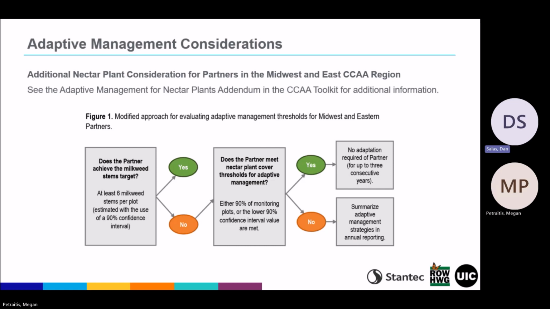So we're recognizing that if you're not meeting milkweed, but you are achieving the nectar plant target, then you don't need to adapt for up to 3 years. It's still worth considering on an annual basis why you haven't met those targets, and we encourage you to still include that information in your reporting. But again, we're really happy that this recognition of nectar plants can be included and considered in your reports. Next slide.